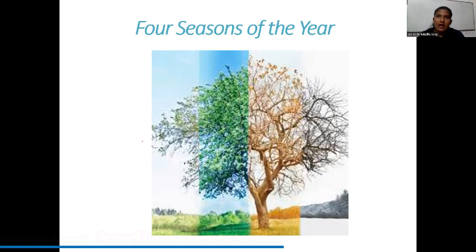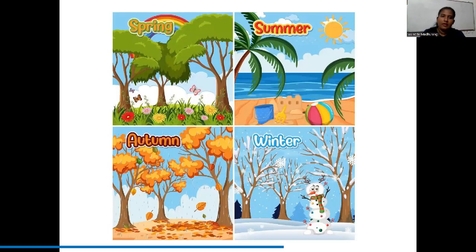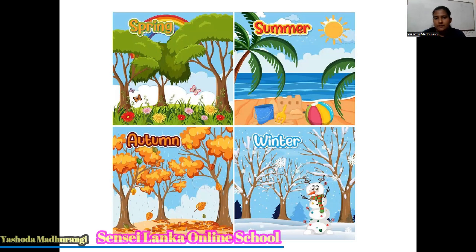In Sri Lanka and other tropical countries, rarely we can see this, but in other polar areas, countries like Japan, Canada, England, we can see this nicely. Spring, summer, autumn, winter. Try to understand what is happening in the environment.